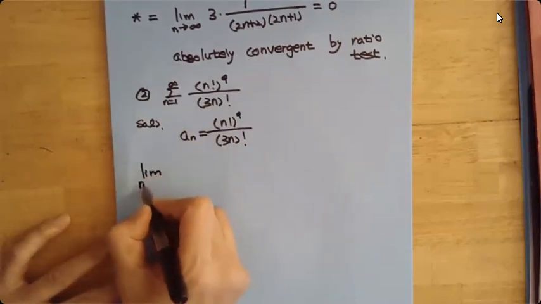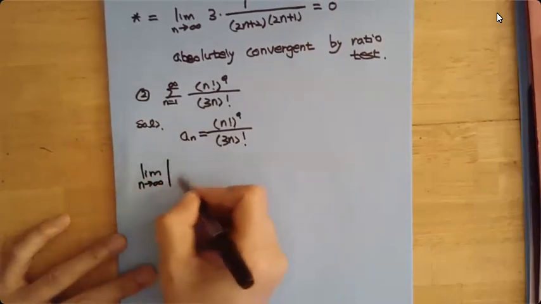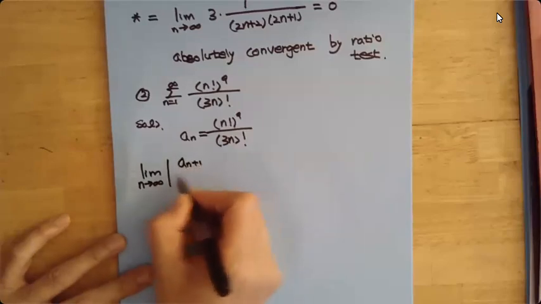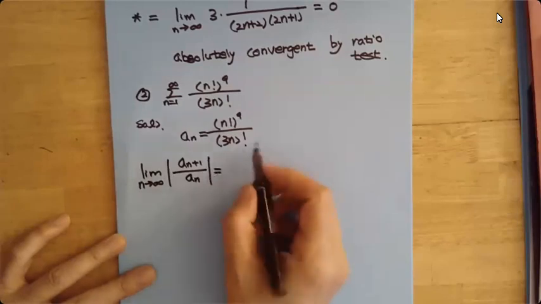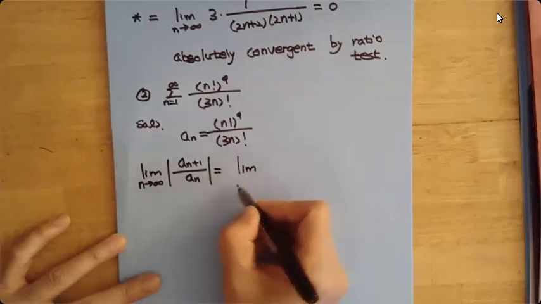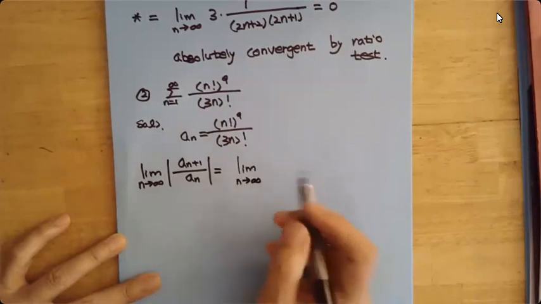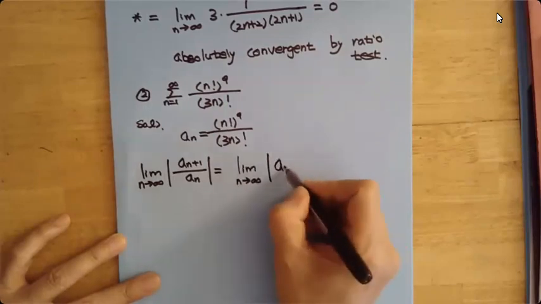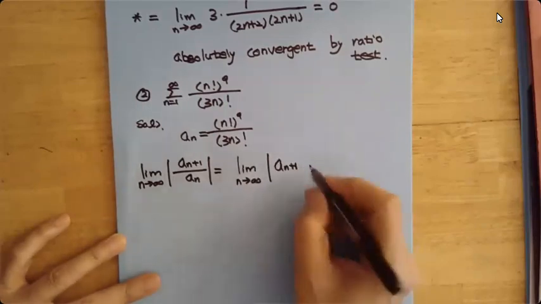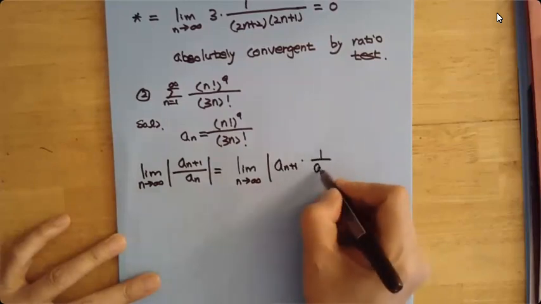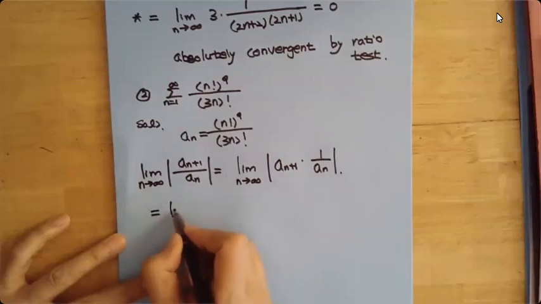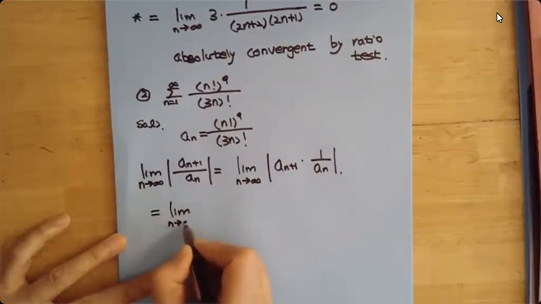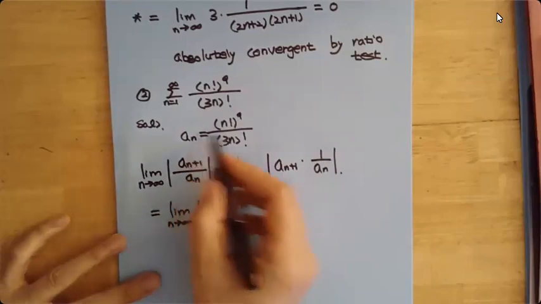So the limit as n goes to infinity of a_{n+1} over a_n, which is the limit of a_{n+1} times 1 over a_n.